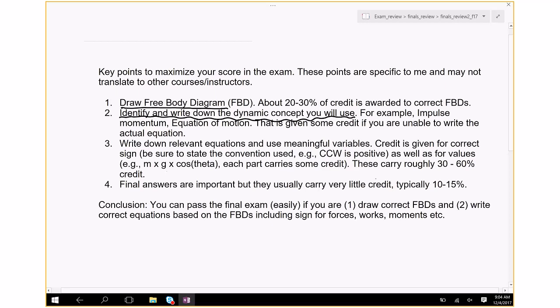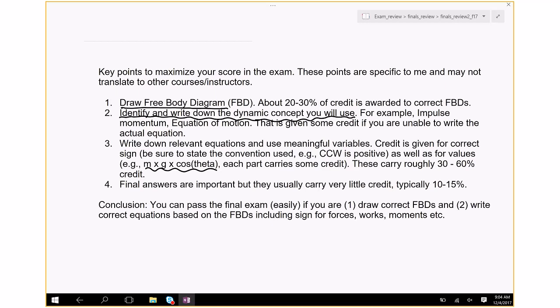When you write down relevant equations, credit is for correct sign and values. When I'm looking at your setting up of equations, I'm looking at if you've set up individual components, right? So there'll be partial credit for putting all the things together. So if you have the moment due to mg, is that right?